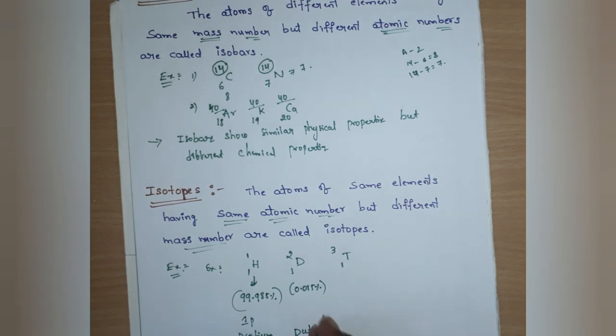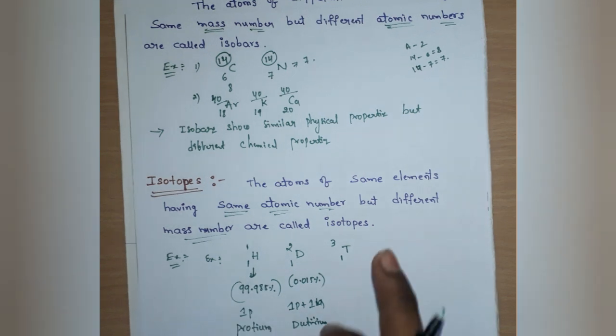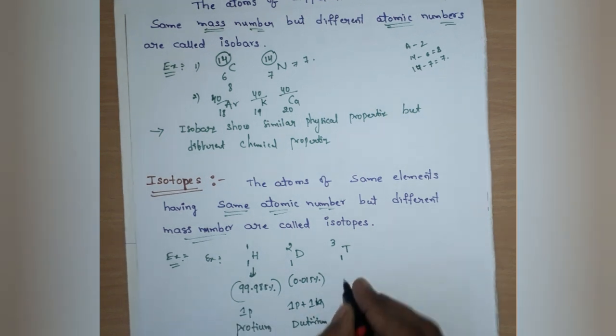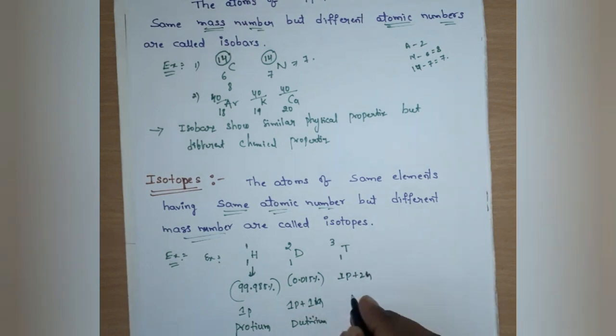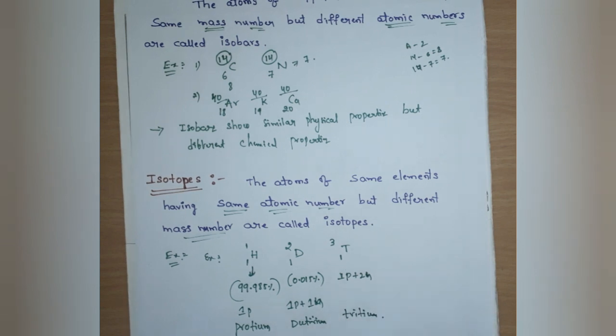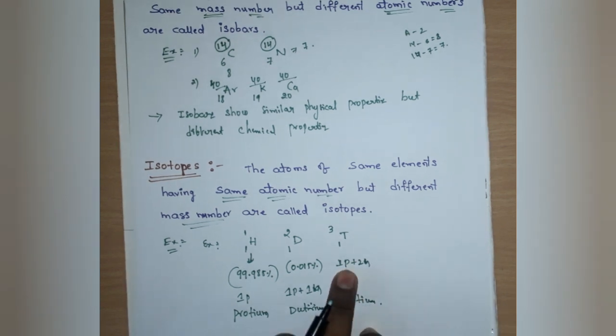In deuterium, one proton and one neutron are present. The other one has one proton and two neutrons and is called tritium. Tritium is present in trace amounts.